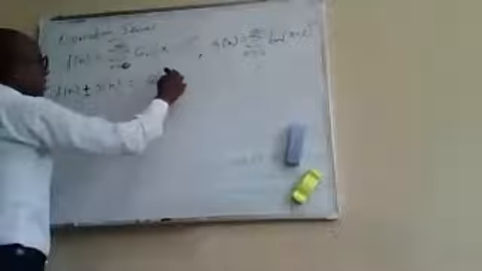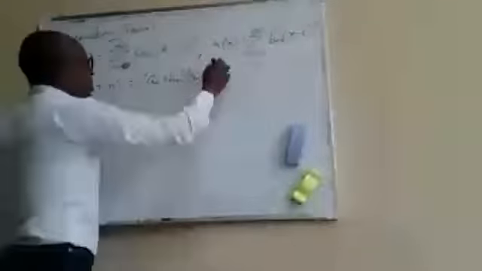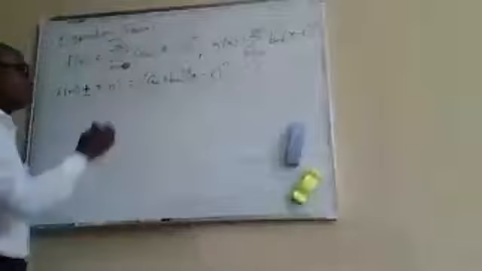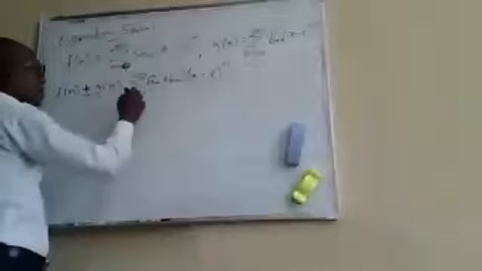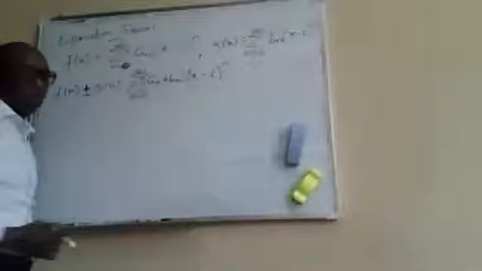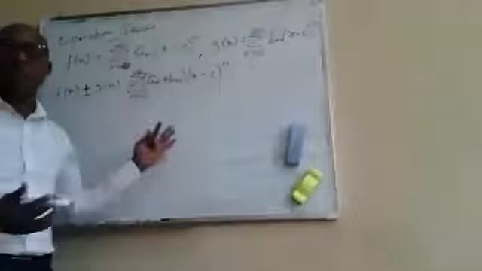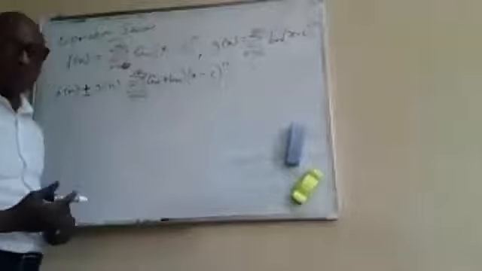When you carry out addition and subtraction of the series, this will give us the summation of (an plus or minus bn)(x minus c) raised to power n, n equal to 0 to infinity. So when the two series are added together, you have something that looks like that.